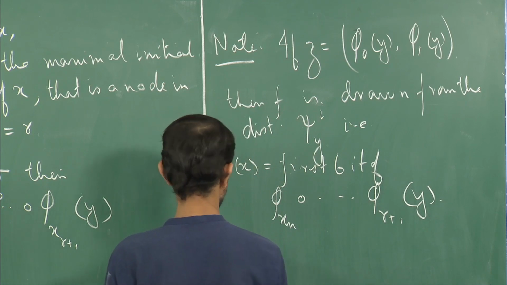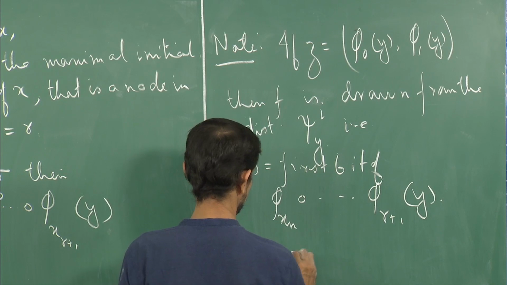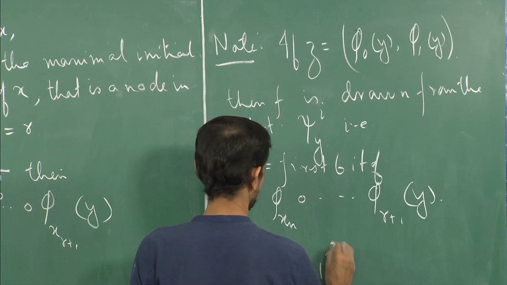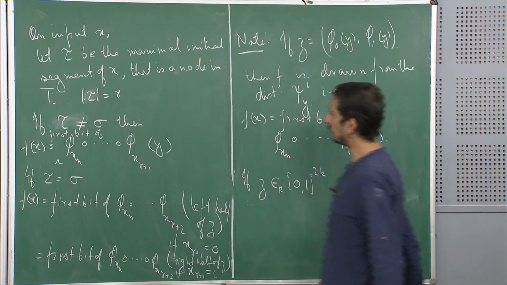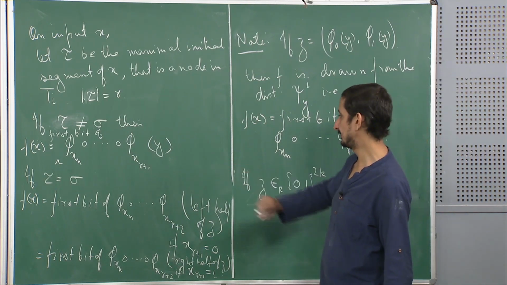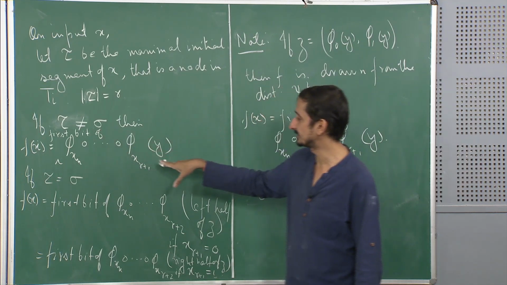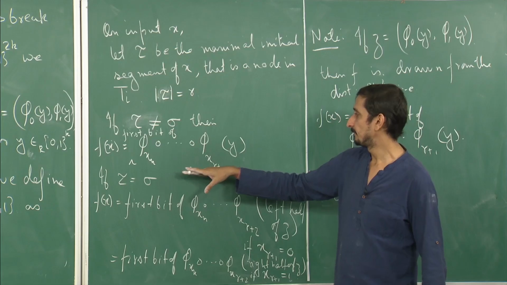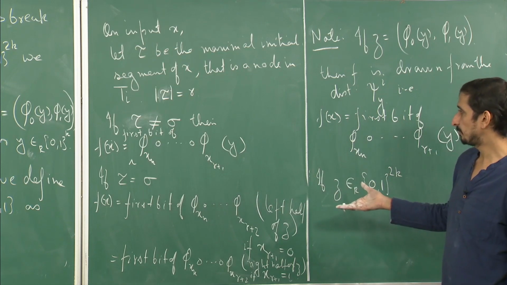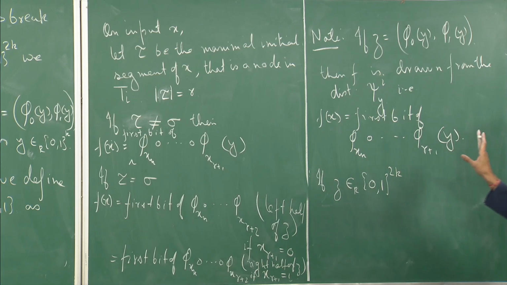Now, if z is, let's say, a random string in 0 1 to the power 2k, note that this part does not have any significance, because y is a random string and this part does not depend on z at all.